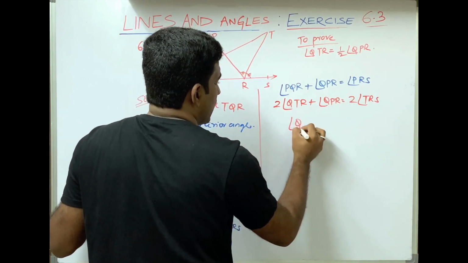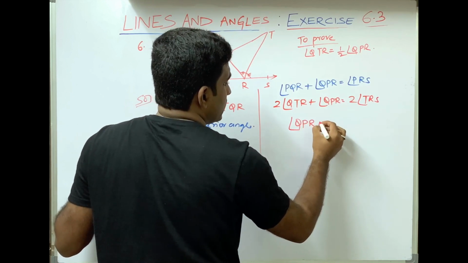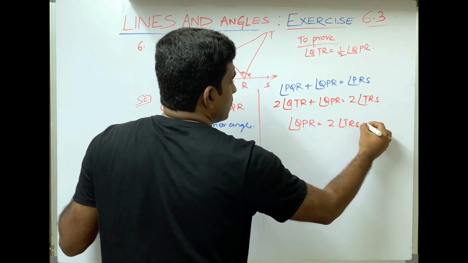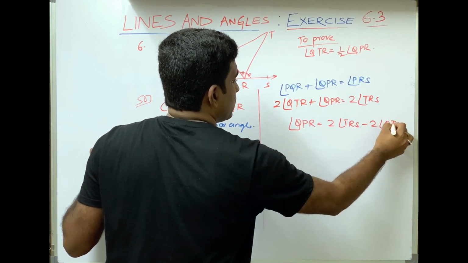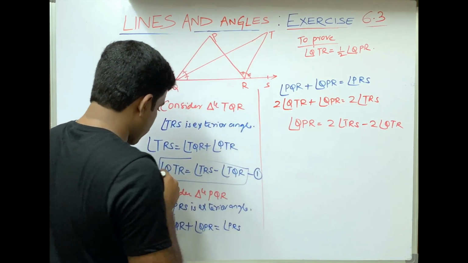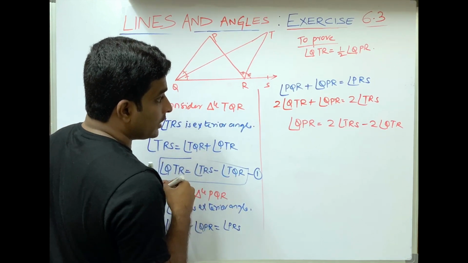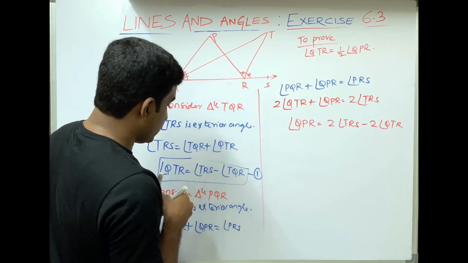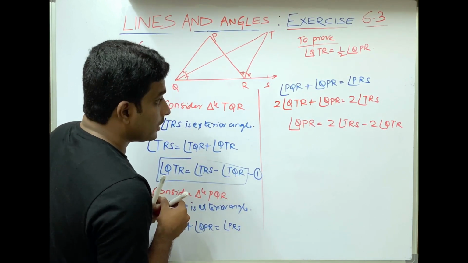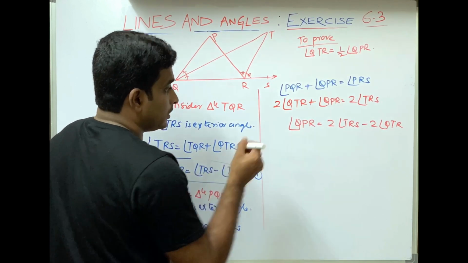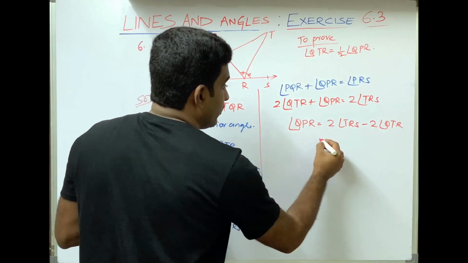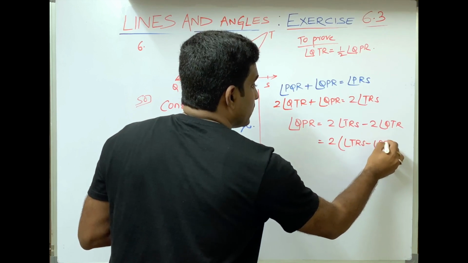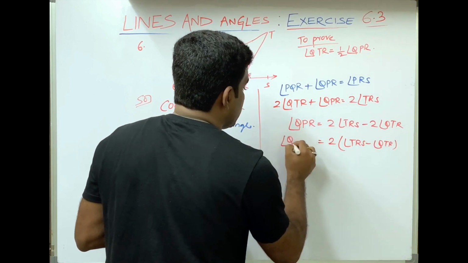That means angle QPR is equal to 2 angle TRS minus 2 angle TQR. But what we know, angle QTR is equal to TRS minus TQR. From here we can take 2 as common, angle TRS minus angle TQR equal to angle QPR.